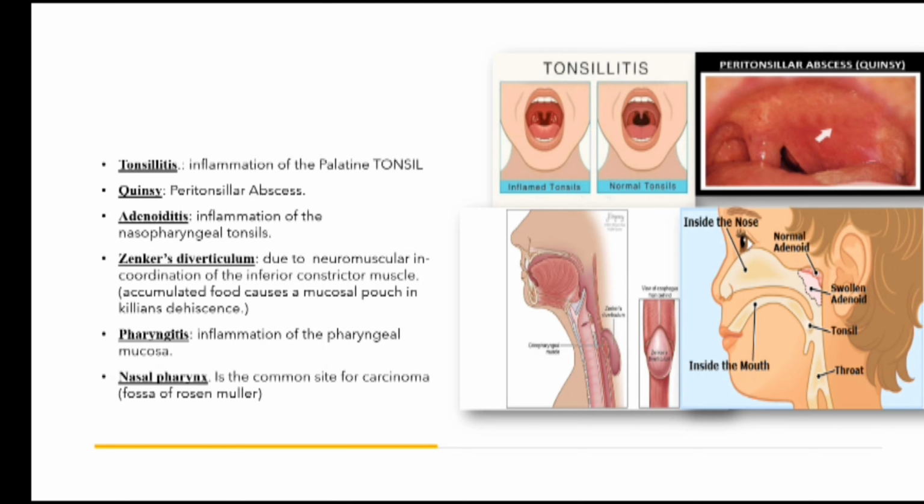We also have Zenker's diverticulum. It's basically due to neuromuscular incoordination of the inferior constrictor muscle. Pharyngitis can be seen, which is basically the inflammation of the pharyngeal mucosa.